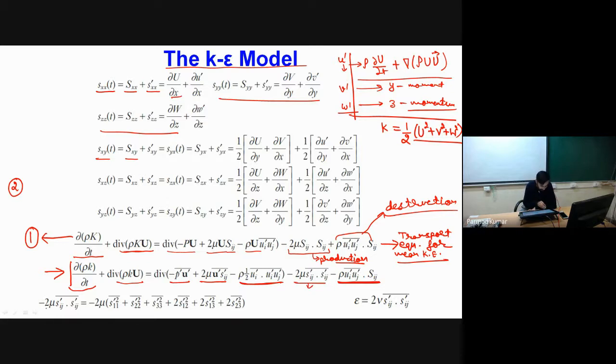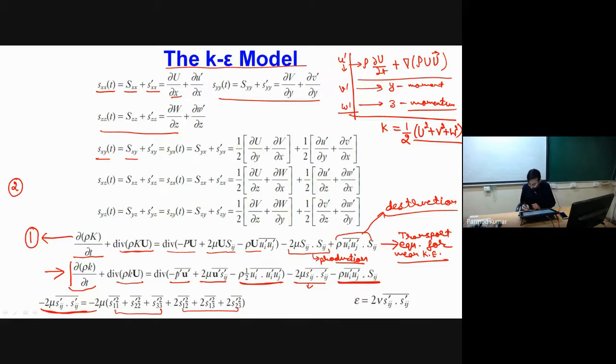If you do a little tensor calculus, you will find that the expansion of this term will be minus 2 mu times S11 dash square bar, S22 dash. These are the contribution of the normal strains, and these are the contribution of the turbulent shear strains. These are responsible for production. So our production term involves the contribution of both the normal turbulent strains as well as the shear turbulent strains.